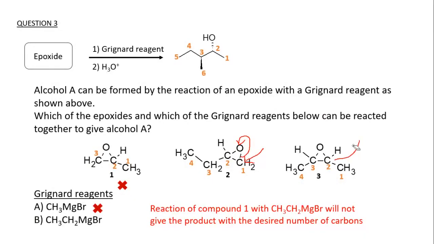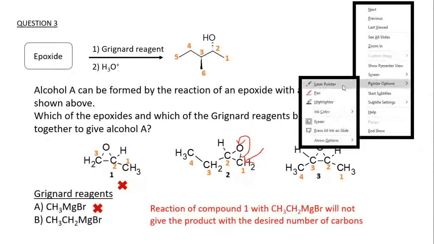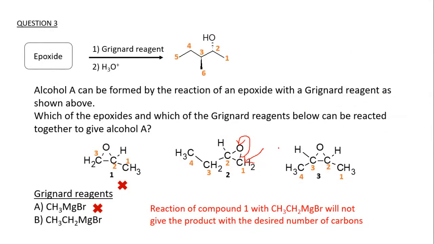Where's the eraser? Okay. So our Grignard can come in here. And so we're forming a bond with this carbon and breaking a bond between carbon and oxygen. So oxygen takes those electrons.